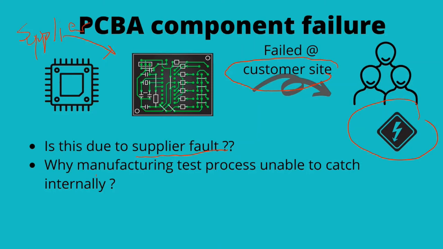And also, why is the manufacturing test process unable to capture it internally? That's one of the questions asked. And finally, it was found that actually the customer site is having a sudden surge in ESD that causes the failure. It is very important to know exactly where the problem happens.